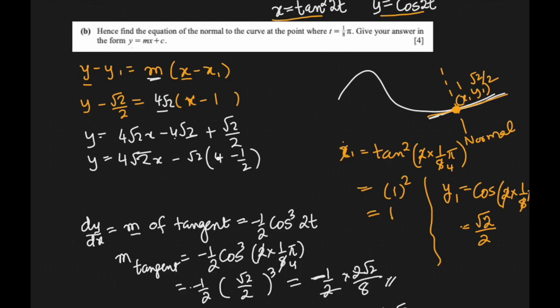So it will be 7 over 2. So the final answer should be y equal to 4 square root 2 x minus 7 square root 2 over 2.